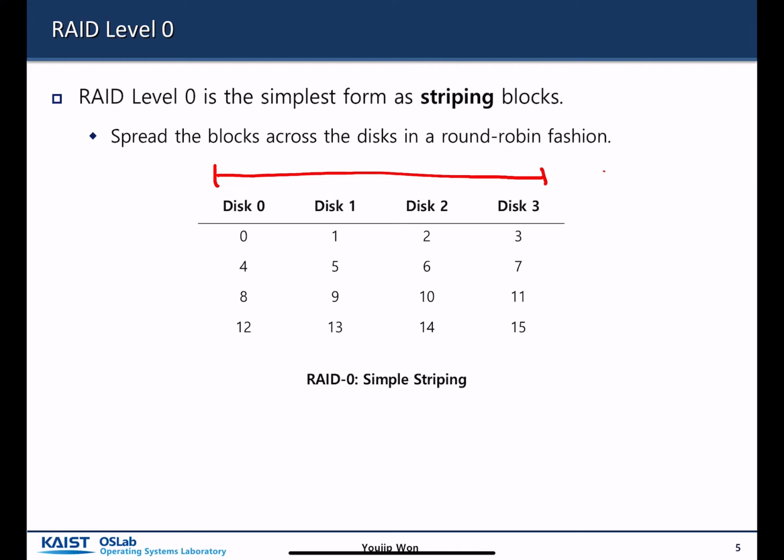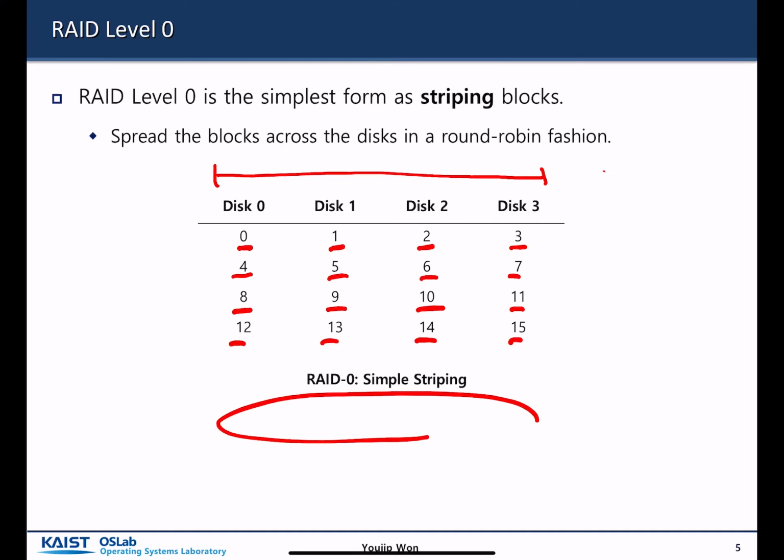Write the first block, block 0, to the first disk, the second block to disk 1, the third block to disk 2, and the fourth block to disk 3, and then come back to the first disk and write blocks 4 through 15 again in the same way. We write the blocks in round robin fashion, and this is called RAID level 0. This is the simplest form of RAID, in which we spread the blocks across the disks in round robin fashion.